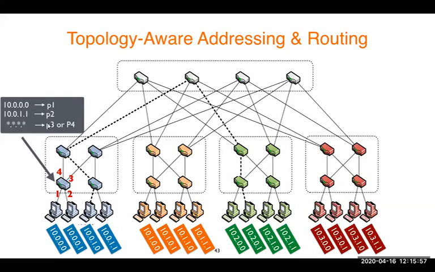You could imagine writing a simple program that took in a few parameters like, here's the number of servers, here's the number of stages in your closed network, here's the degree or how many links each switch has. And you had a little program that then generated what each of these routing tables looked like. You could just go in and directly program the routing table at every one of those switches. And you didn't have to discover where servers were, or what their addresses were.